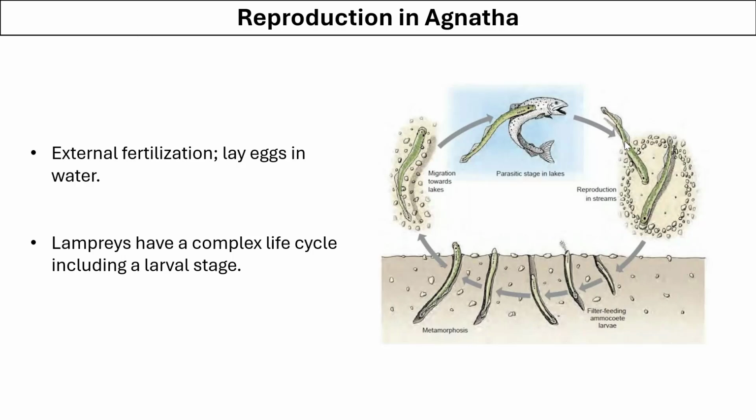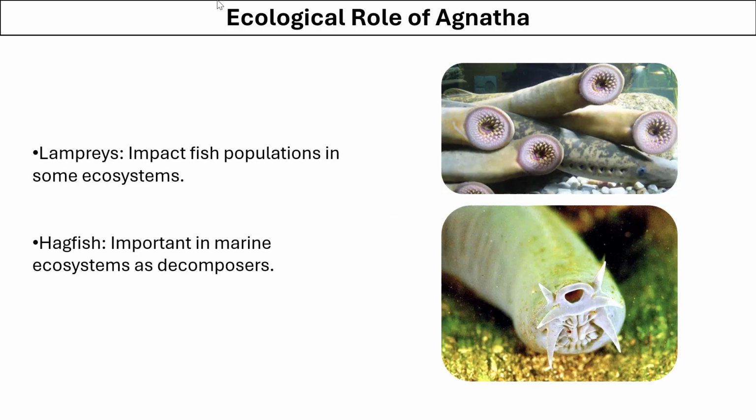So the gametes are laid in the water by both male and female animals, and after fertilization the tiny little offspring enter burrows in sand. Talking about the ecological importance of important members of Agnatha, lamprey, we just learned that they are parasitic in nature. They impact the population of fish in their ecosystem. Hagfish, which is a scavenger, helps in cleaning the ecosystem and acts as a decomposer.